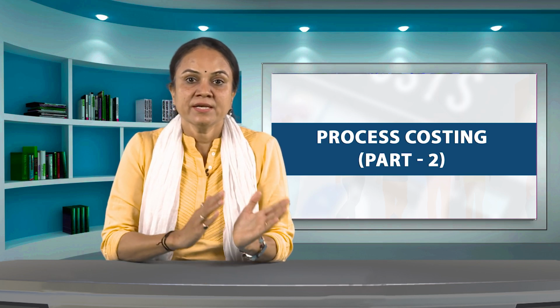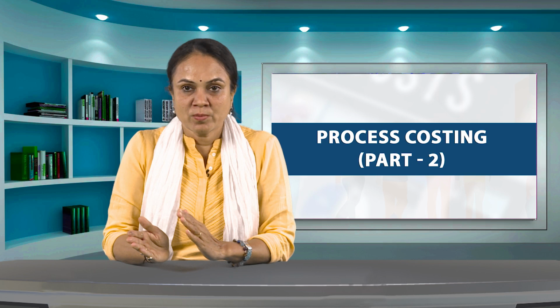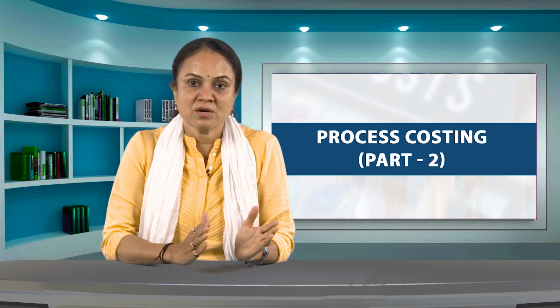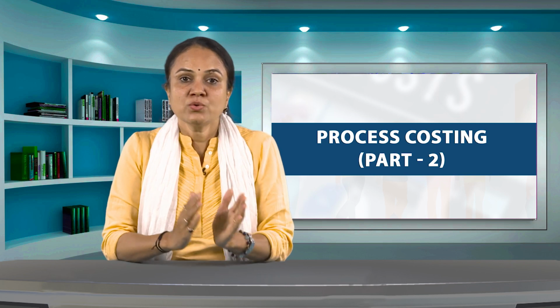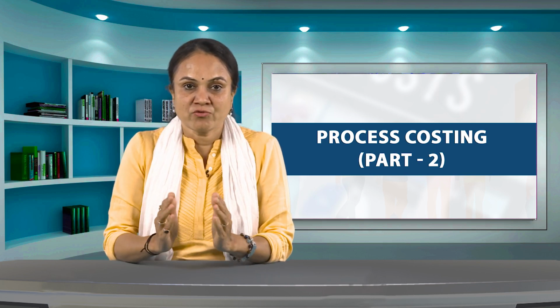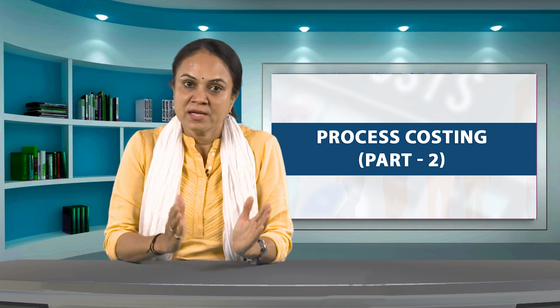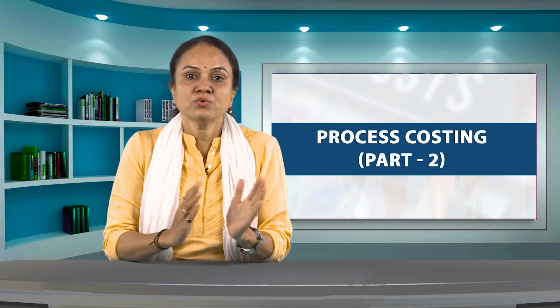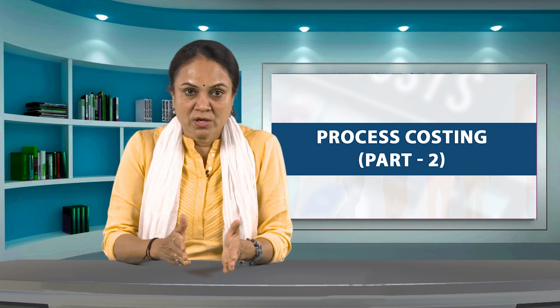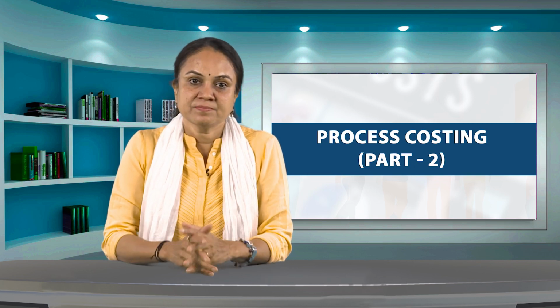Third, studied accounting treatment of normal loss account, abnormal loss account and abnormal gain account. Fourth, how to deal with realization of normal and abnormal loss, abnormal gain that we have studied. Fifth, how to determine cost of abnormal loss and abnormal gain.